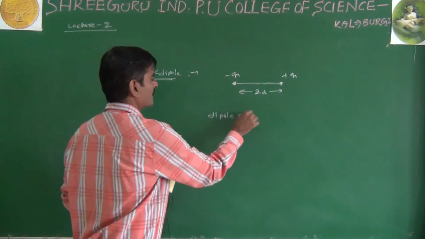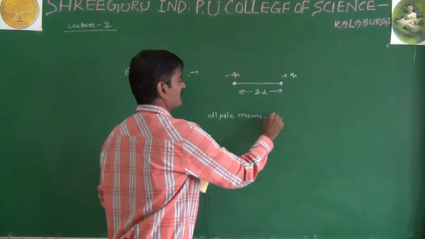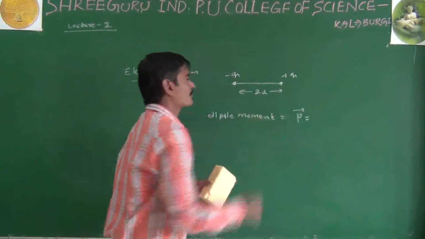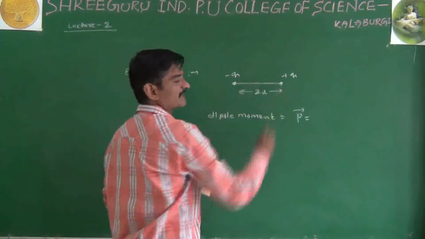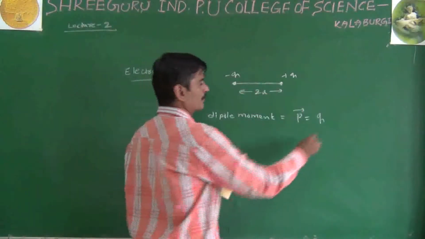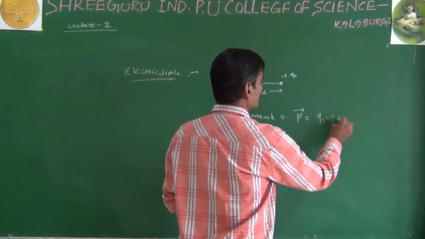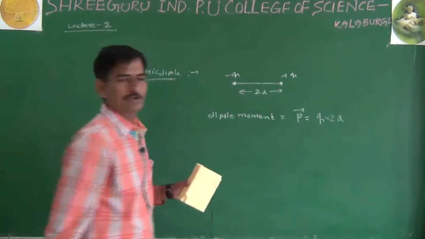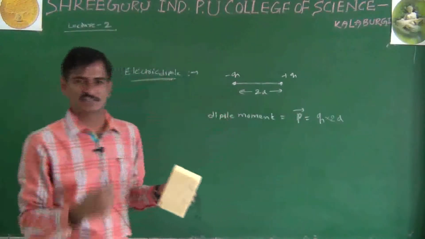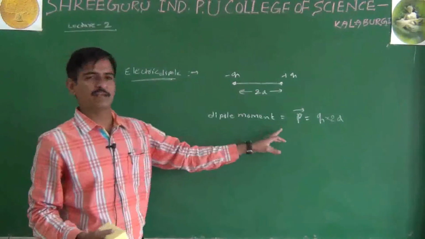Dipole moment is a vector quantity. It is defined as the product of one of the charges forming the dipole and the dipole length. This also you have studied in the first chapter only. It is required, that's why I am telling.